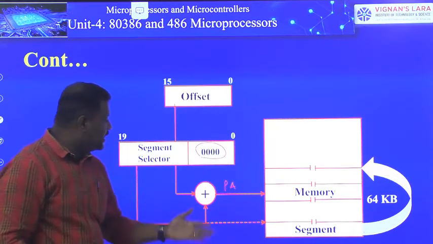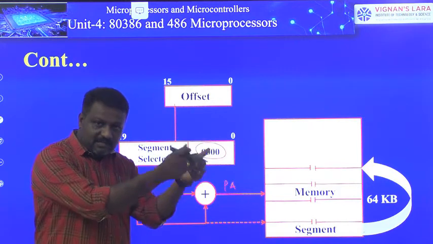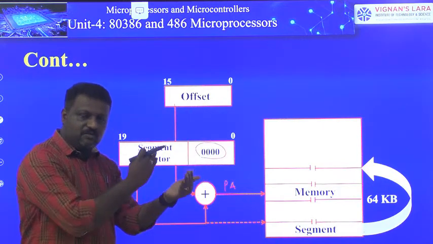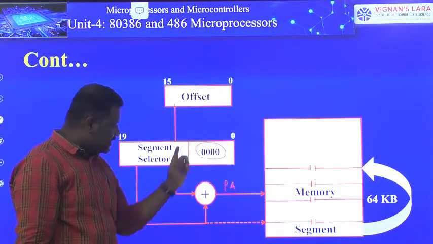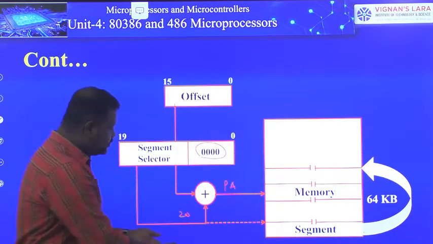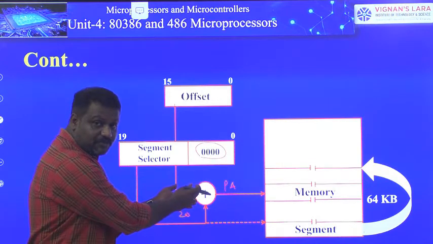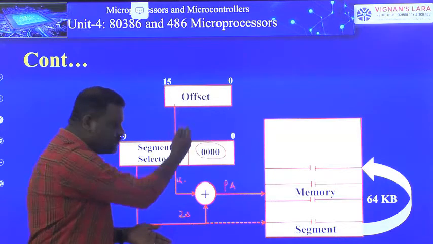Simply, what does it do? It takes the segment selector information from the appropriate segment register and shifts it left by 4 bits. Then you get 4 zeros on the right-hand side, making it a 20-bit address. This 20-bit address is given to one input of the adder. The 16-bit information from the offset is given to the other input.